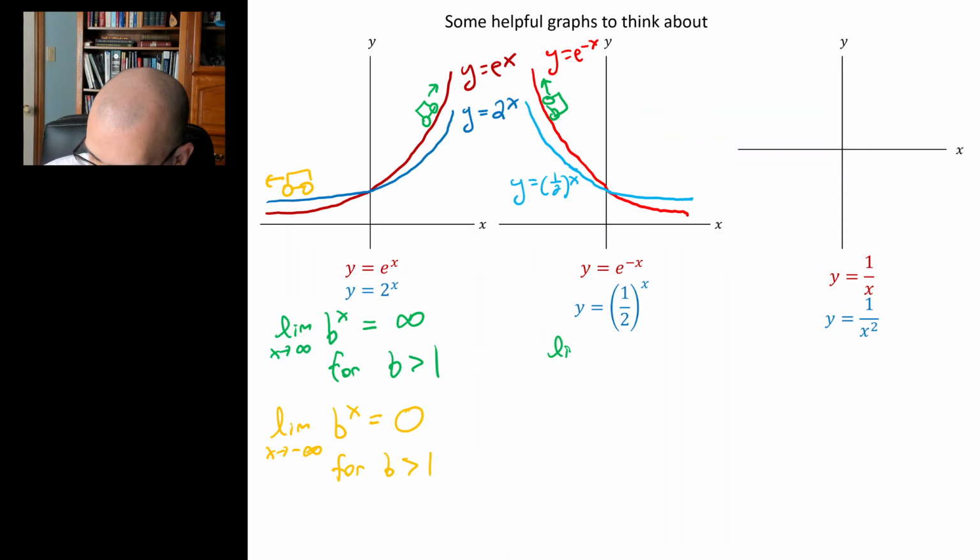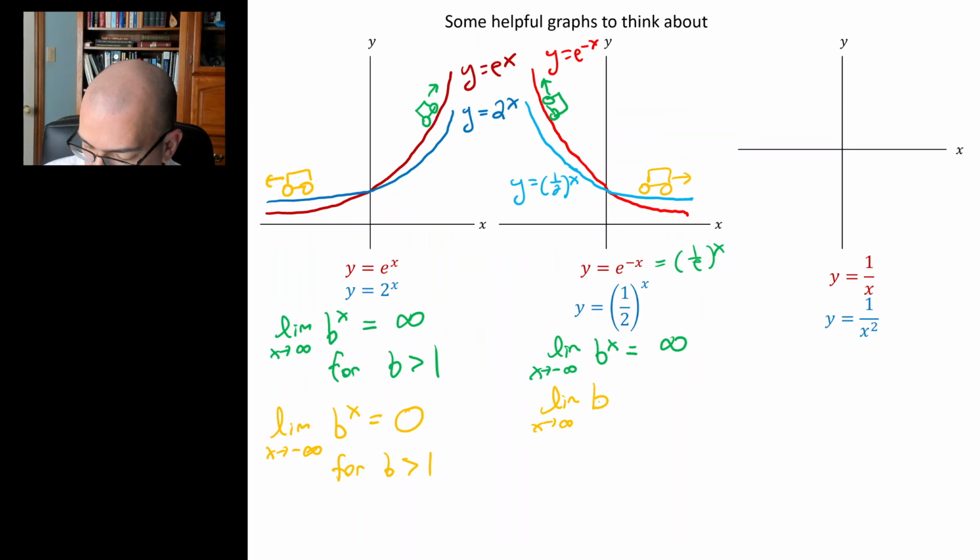So the limit as x approaches minus infinity of b to the x is infinity. And then if I take a math car, put it on the right, push it towards infinity, the limit as x approaches infinity of b to the x is equal to 0.